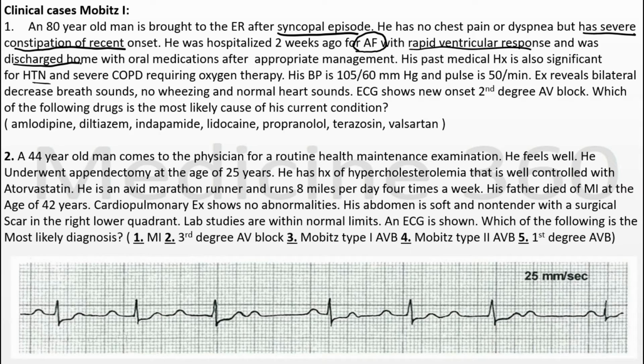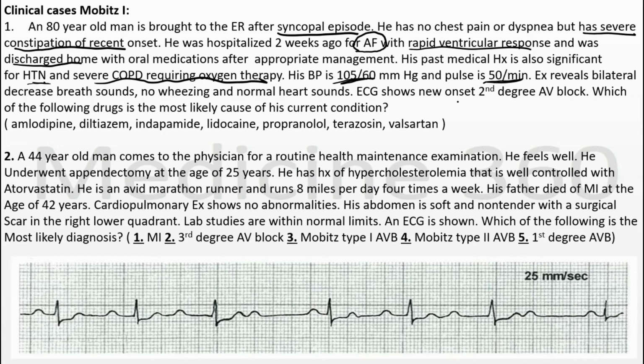So the patient may be given among these two groups of drugs. The patient also has hypertension and severe COPD, and is symptomatic with hypotension, bradycardia, and bilateral decreased breath sounds as the patient has COPD.